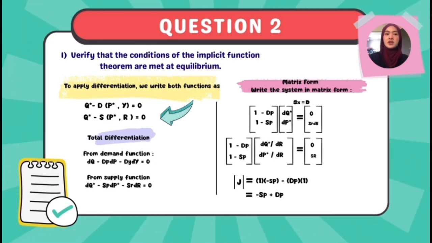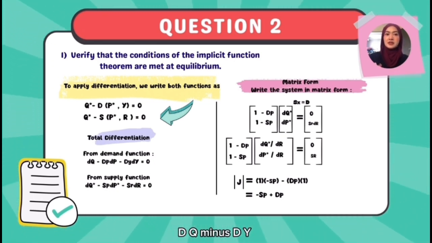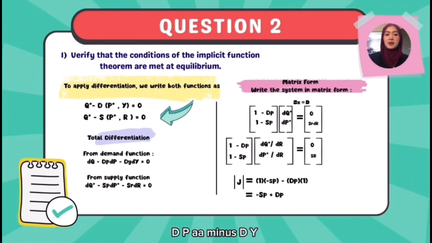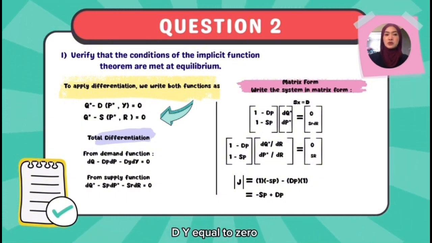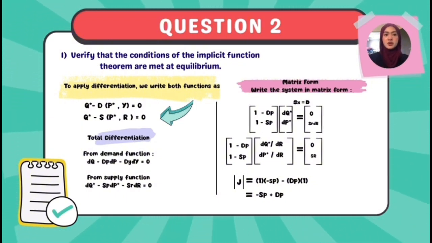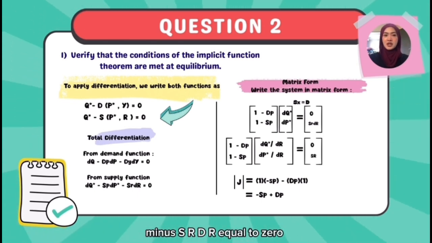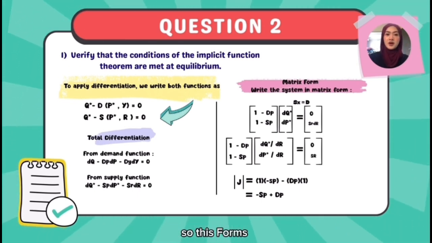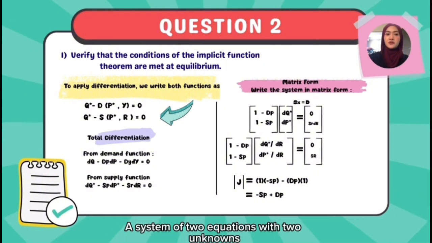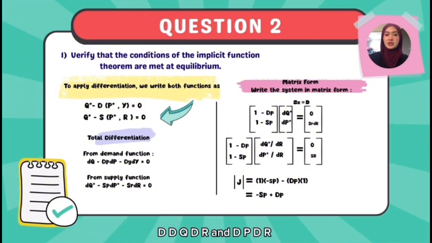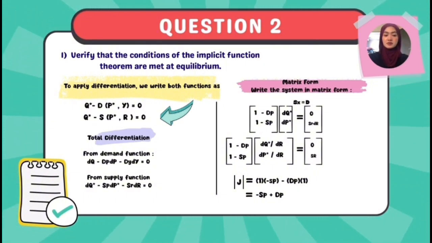For F1, dQ minus dP minus dy dy equal to 0, and for F2, dQ minus sy dP minus sr dr equal to 0. So this forms a system of two equations with two unknowns, dQ/dR and dP/dR.